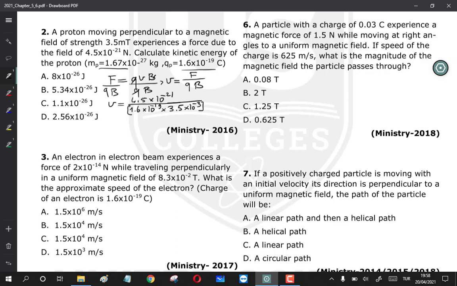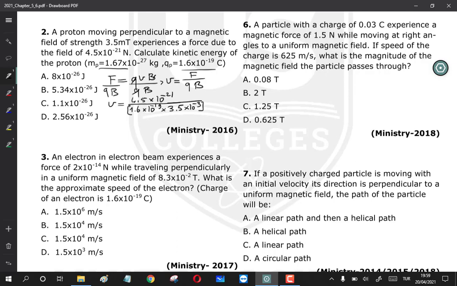Then after that, use your calculator. So 4.5 times 10 to the power of negative 21 divided by bracket 1.6 times 10 to the power of negative 19 multiplied by 3.5 times 10 to the power of negative 3, close the bracket.